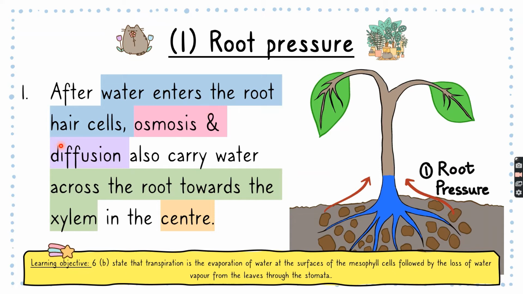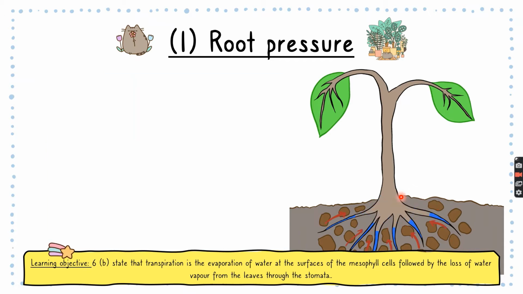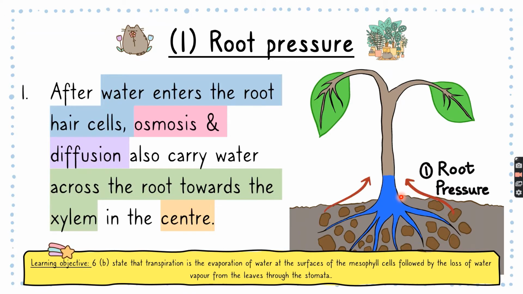After water enters the root hair cells via osmosis and diffusion, water is also carried to the xylem via osmosis and diffusion as well, towards the center of the root. Sorry, did I say leaf? I meant the root.